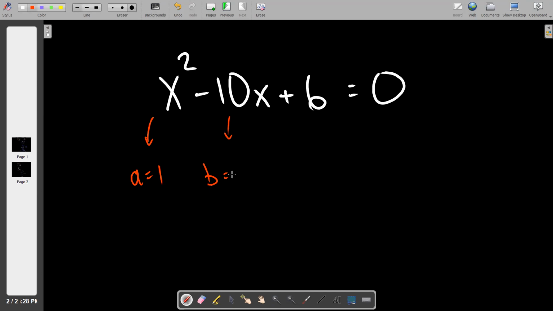What's B again? It's not 10, it's negative 10. And what is C? Is that a 6? Does it look like a B? Sorry, I wouldn't do that to you. I wouldn't put something like x squared minus 10x plus B. That would just be weird.